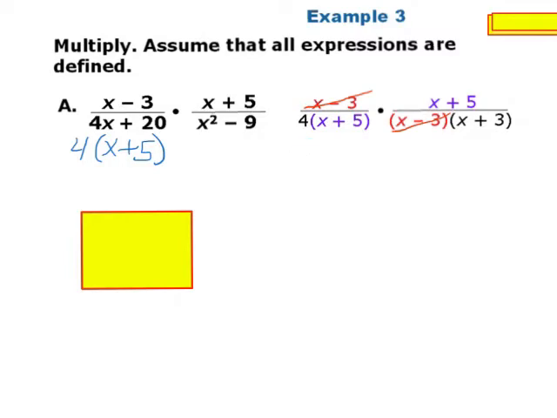So we can divide those out. So those divide out. Now, notice, everything divided out on top. So what is left on top? Well, if everything divides out, we're always left with a 1 on top. So on the top, we're going to put a 1. And on the bottom, what's left? Well, I have a 4. And then I have an x plus a 3.